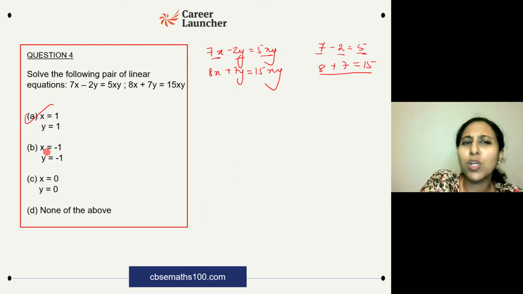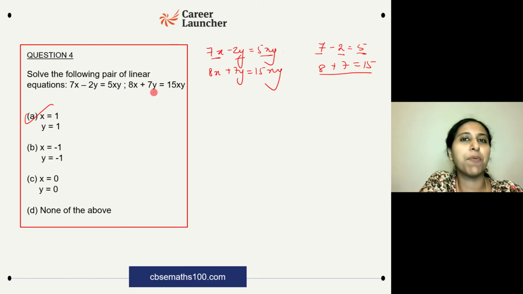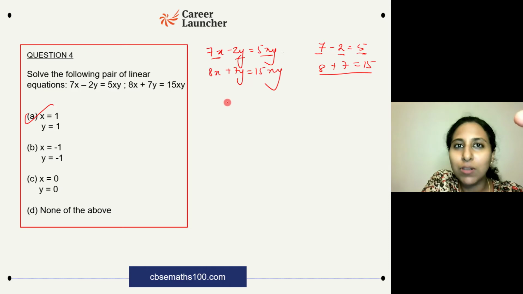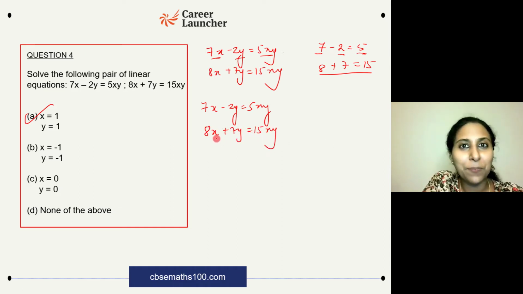What if the values were not simple and you got such a question? How would you solve this? You have 7x minus 2y equals 5xy, and 8x plus 7y equals 15xy. What you do is multiply the first equation by 7 and the second one by 2.